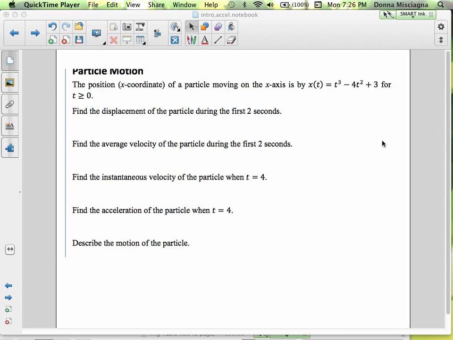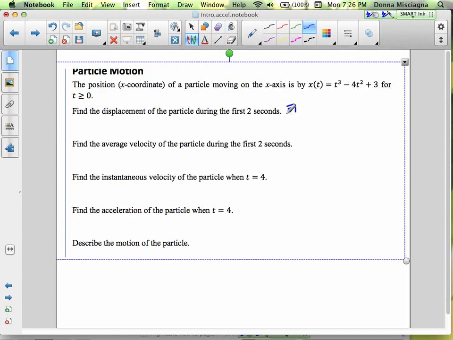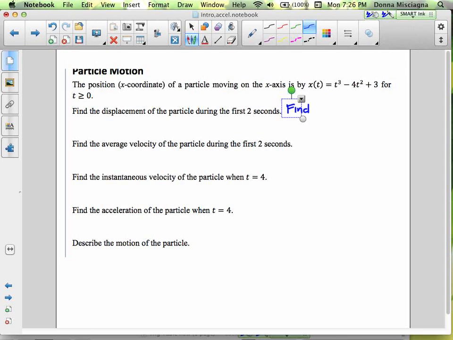So to do that, we need to find the position at t equals 0 seconds and t equals 2 seconds, right? And find the difference.